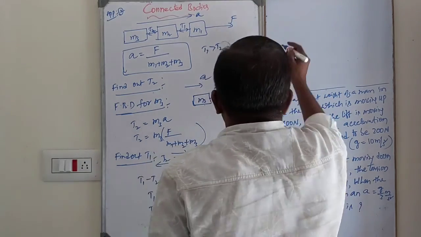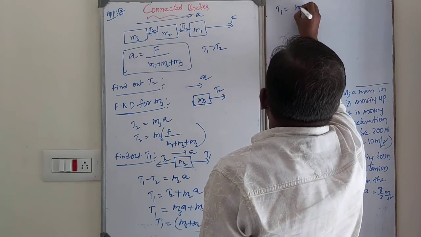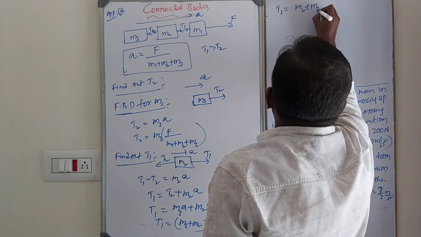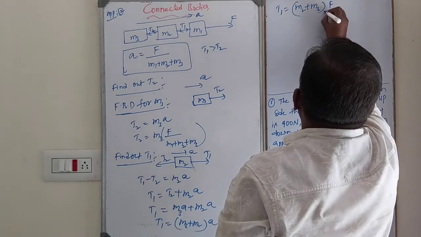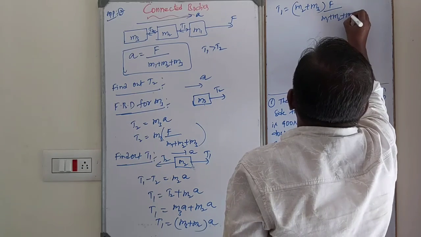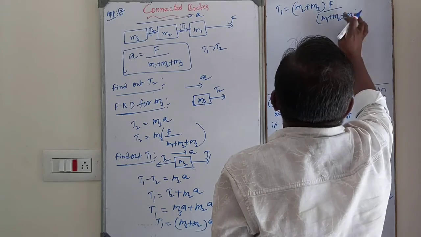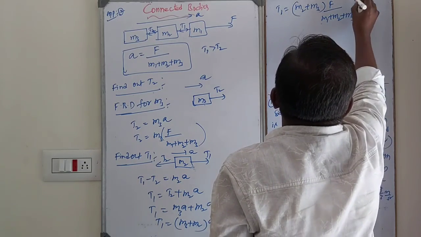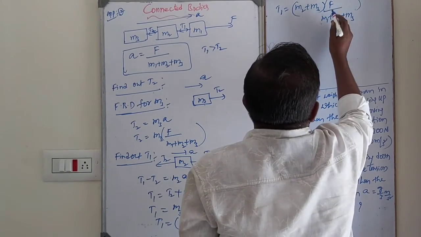So T1 is equal to M2 plus M3 bracket begin. What is the value of A? Acceleration F divided by M1 plus M2 plus M3. Okay, so this is the tension T1.